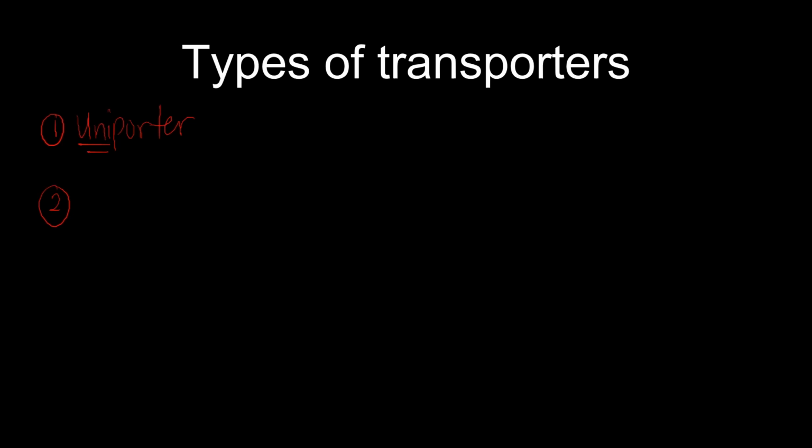Another one is what we call the co-transporter. From the name co-transporter, it carries two or more solutes. We can further subdivide this co-transporter into two. One is the antiporter.